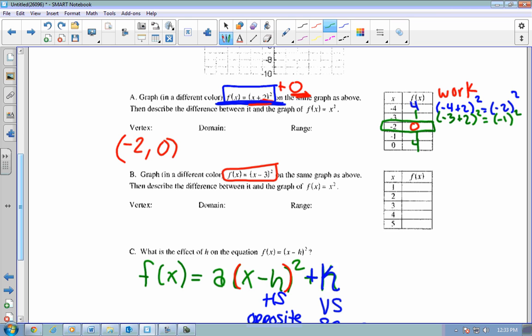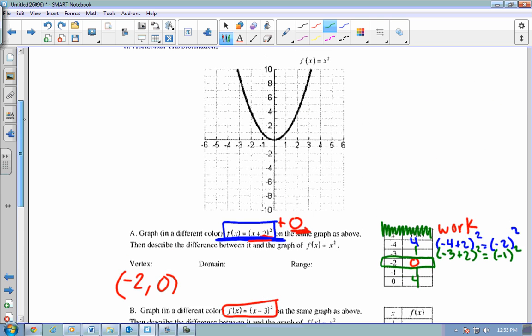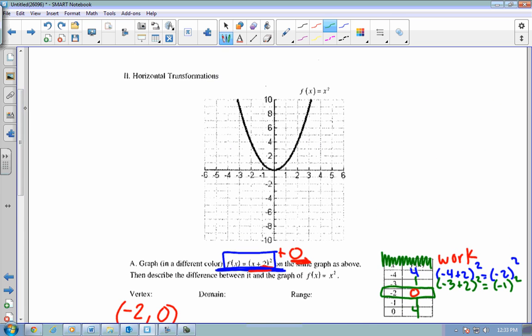Pick one of your colored pencils, please. Highlight, color code that, and then we're going to graph it on the graph up top. -4, 4. That means we go left 4, up 4. -3, 1. Left 3, up 1. -2, 0.